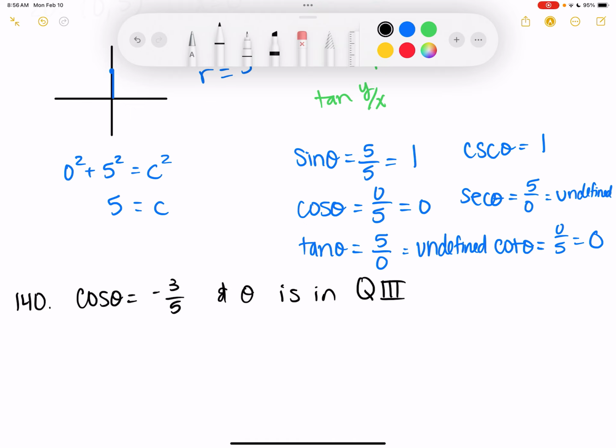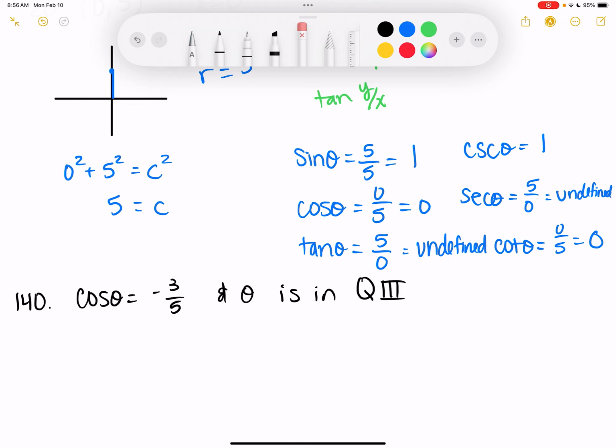All right, so they have told us that cosine is negative 3 over 5. The reason that it is relevant what quadrant it is in is not so much when we have sine or cosine, but if they gave us tangent, it would make a difference, okay? To know what x value, like if x is positive, y is positive, or x is negative, y is negative, whatever.